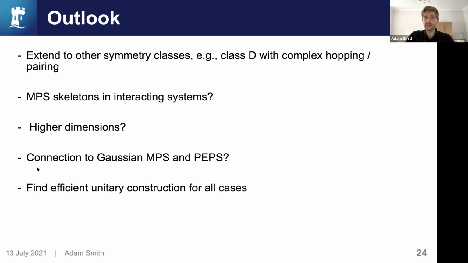And one outstanding thing is to find this efficient unitary construction for all cases. I'm stressing this because we could potentially get an exponential improvement over using MPS on a classical computer. And if this is dense, then this can hopefully push us into places where MPS can't reach.